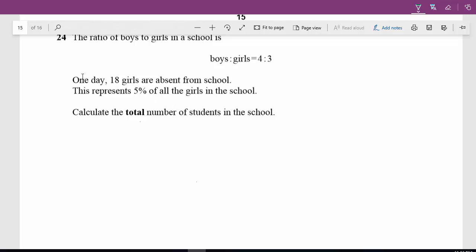Okay, firstly, let's get the total number of girls. Then we will use the ratio to get the total number of boys. To do this, the question says 18 girls are 5% of the whole girls. So we write the problem like this. 5% of which number is 18?